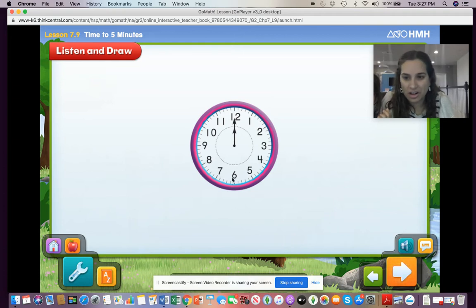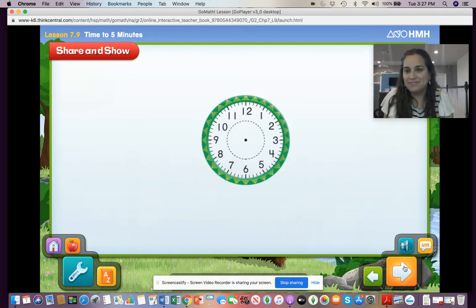And 30. Stop! You didn't yell stop when I got to 30. So the long hand, that minute hand, is going to be on number 6 because number 6 means 30 minutes. And how did I know that? I counted by 5s.